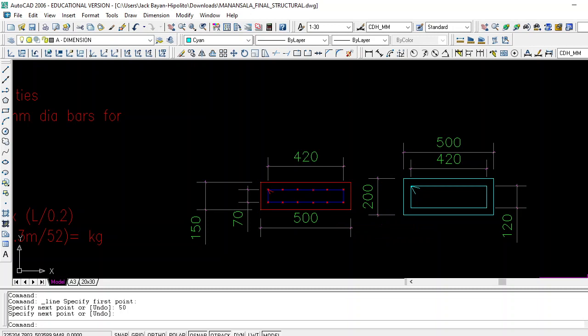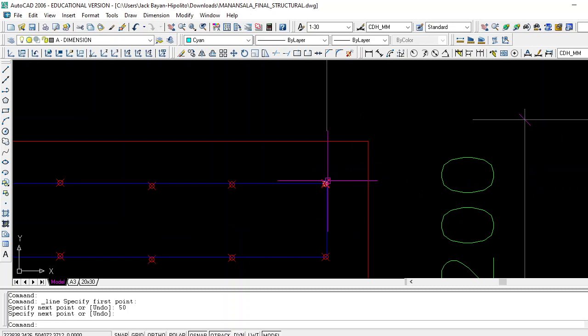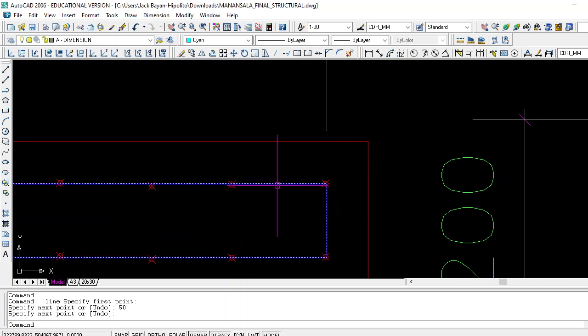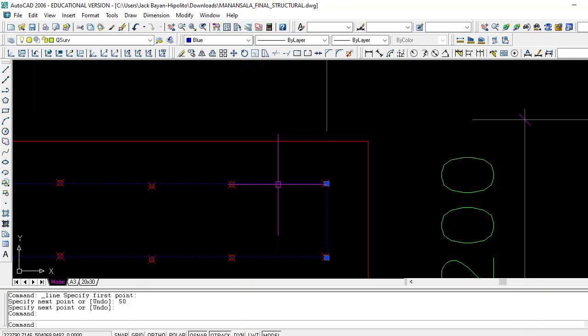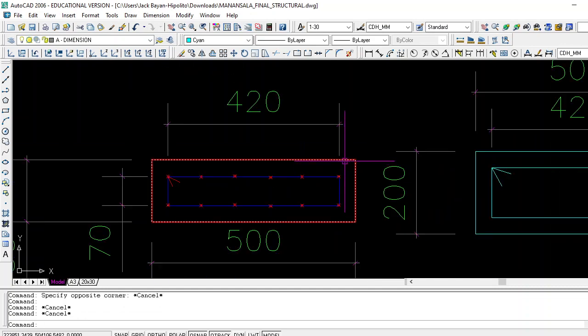Now, as you can see, pag nag-consider ka ng ganito, paano naman i-connect yung vertical bars? So, yung red one are your vertical bars. This serves as your lateral ties. Okay? If you deal with your beams, this will be your horizontal bars, and then this will be your stirrup. So, paano mo ngayon i-consider yung pagbaband nila to each other?